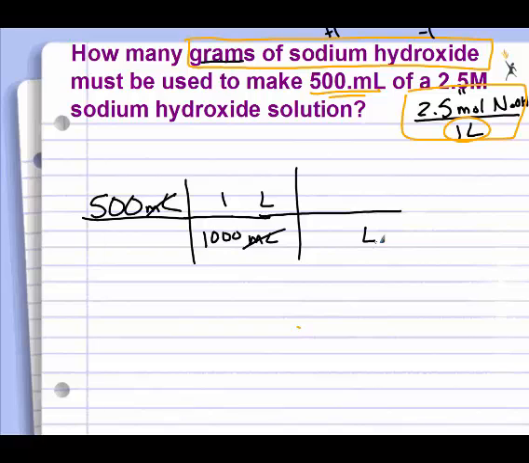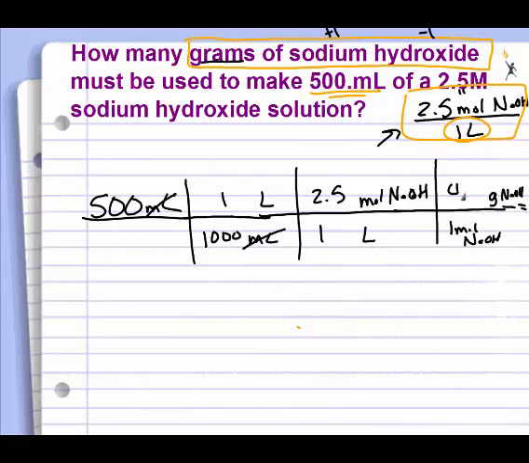Now that I have liters, I can use my conversion factor of 2.5 moles for every 1 liter. If I was looking for moles, I would be done, but I want grams. So one more step. 1 mole of sodium hydroxide equals so many grams. Just like we've been doing, we can convert grams to moles by using the molar mass.